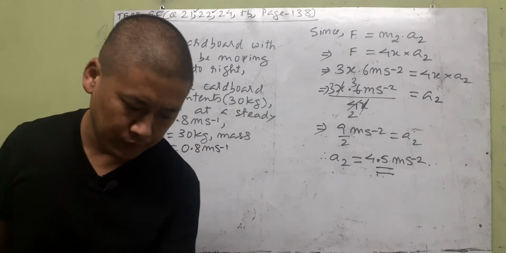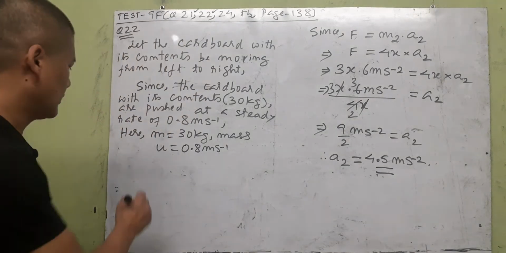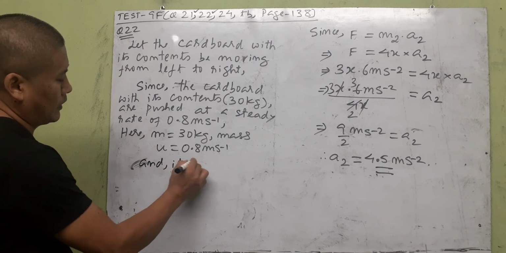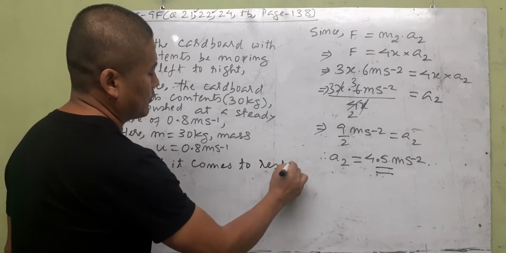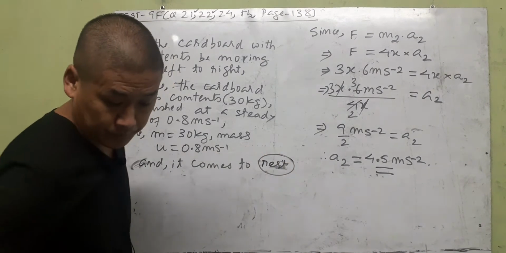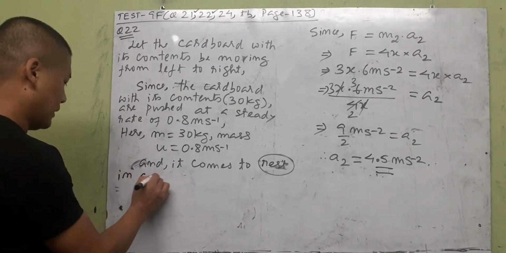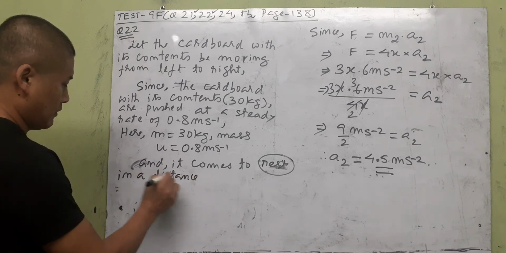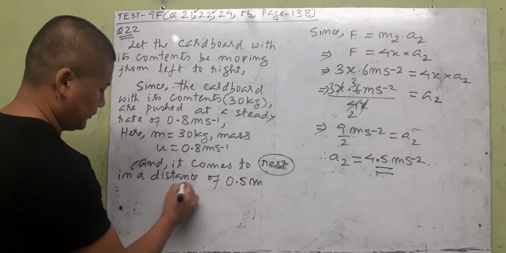As we go on, when the box is no longer pushed, it comes to rest. So this word is important: rest, R-E-S-T, means no more moving, in a distance of 0.5 meter.